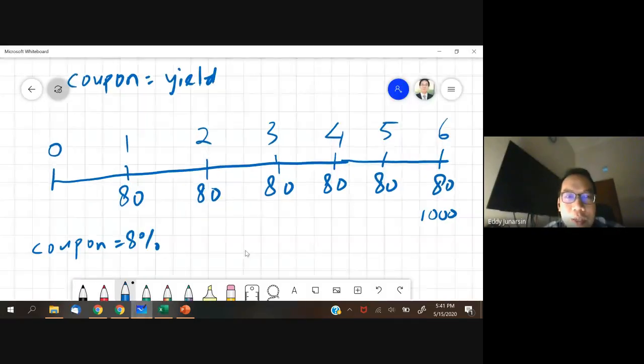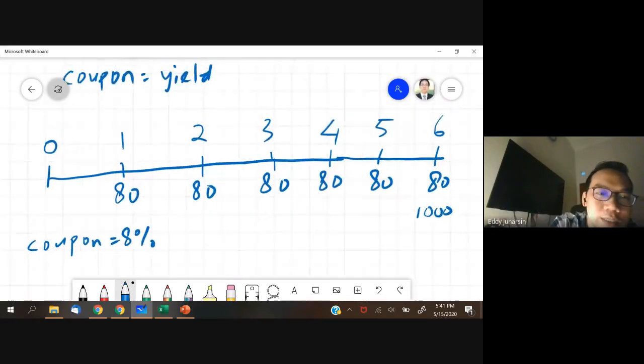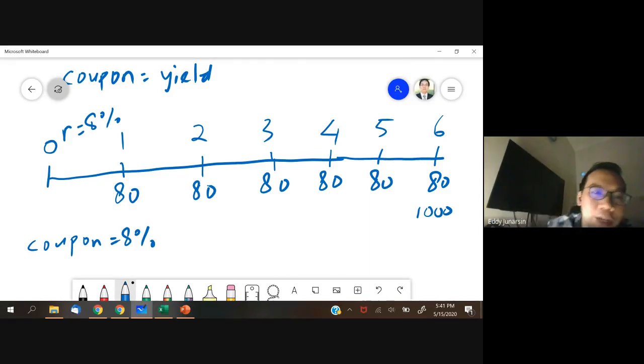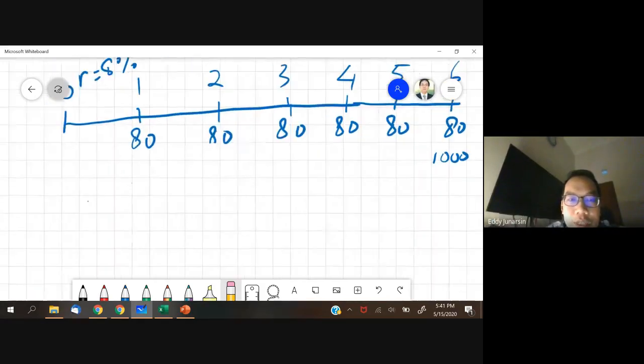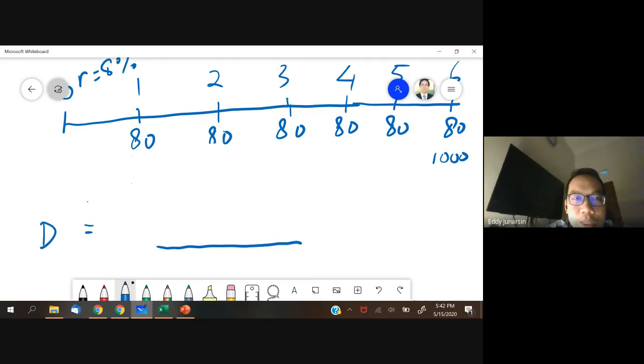So let's calculate now the duration. So the yield is 8%. Right? This is the market rate. Okay, the coupon rate has been reflected here. You see the coupon payment. Right? So the R here is the market rate. Okay, so let's calculate the duration. So the denominator first, right? What is the first cash flow? 80.